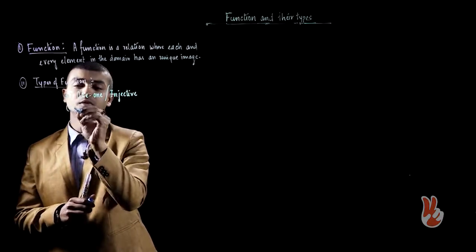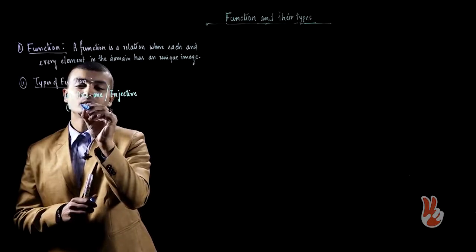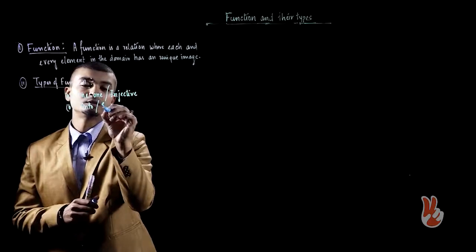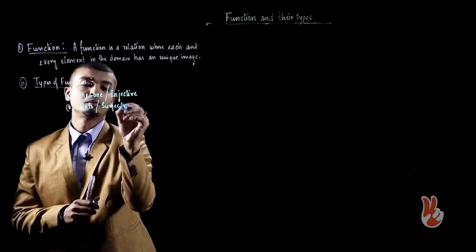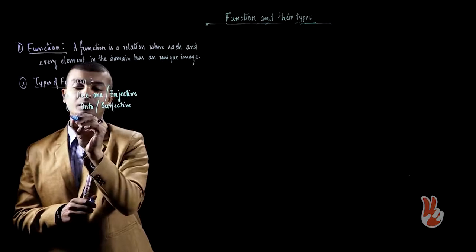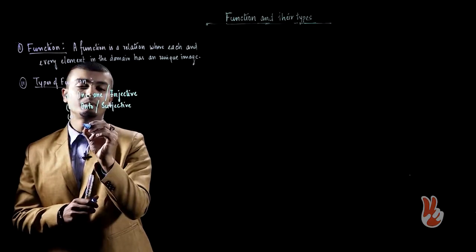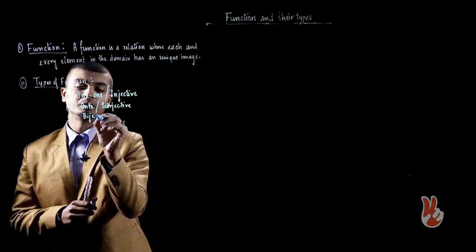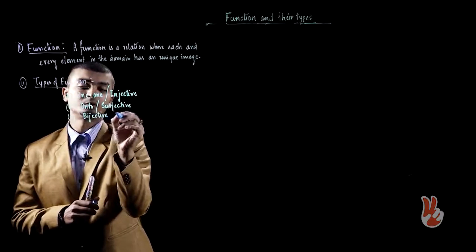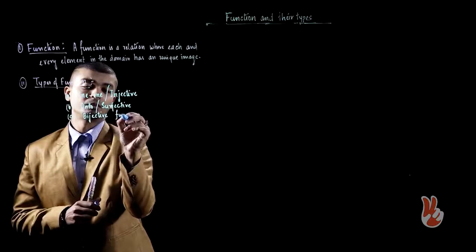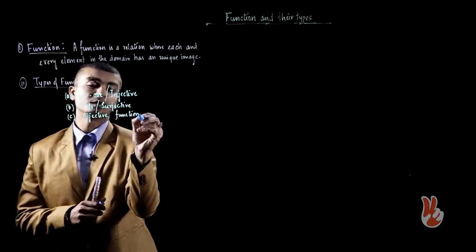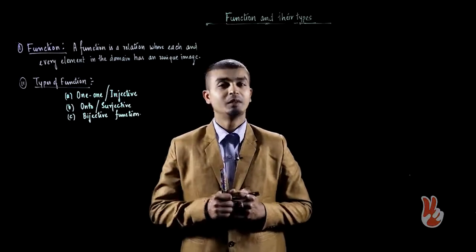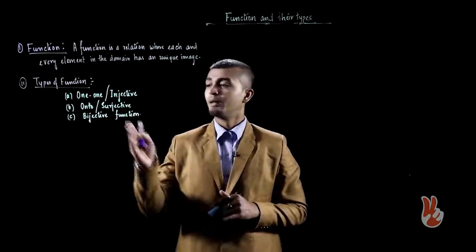Number 2 is your onto, or it is said to be surjective function, and number 3 is bijective function. Remember the terms injective, surjective and bijective. It is easy to remember. Now let us discuss them one by one.